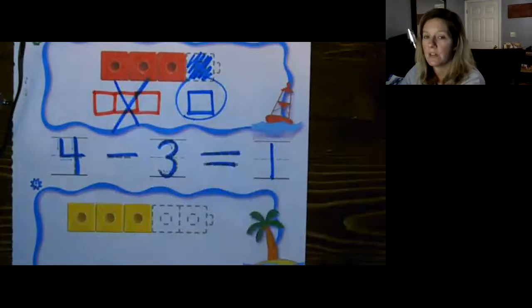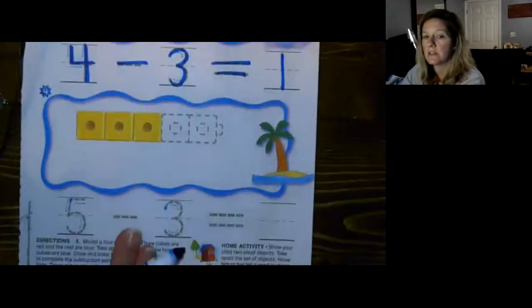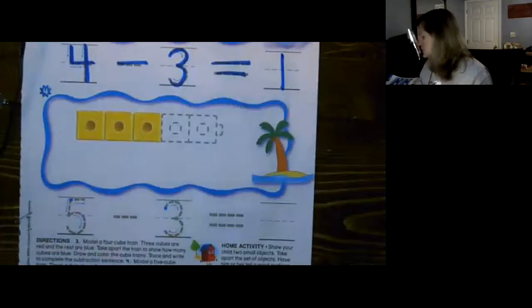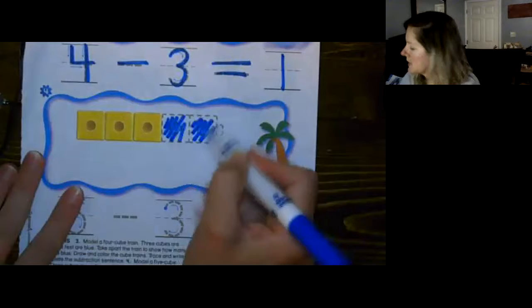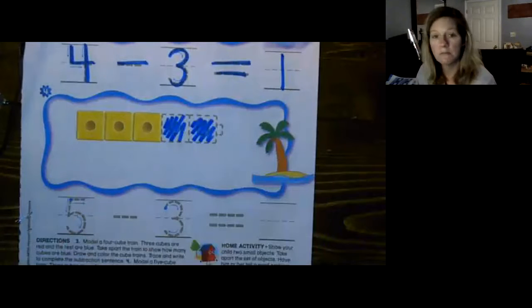Very good. All right, down here at the bottom, I'm going to keep using my blue. Color these guys in. Now, let's break them apart.